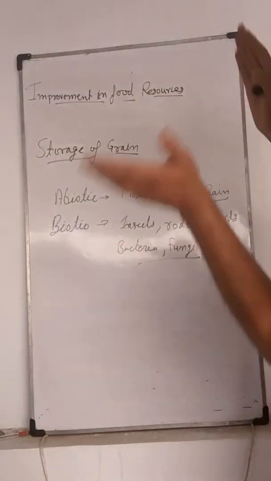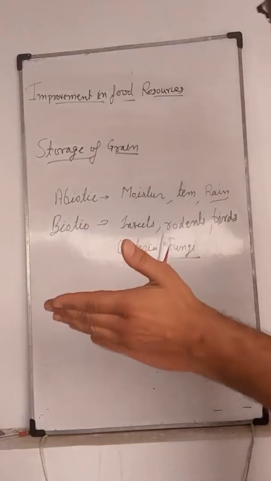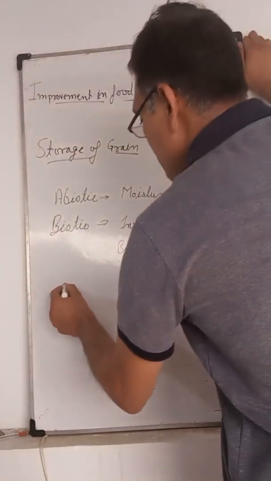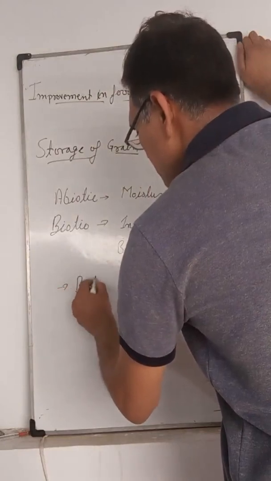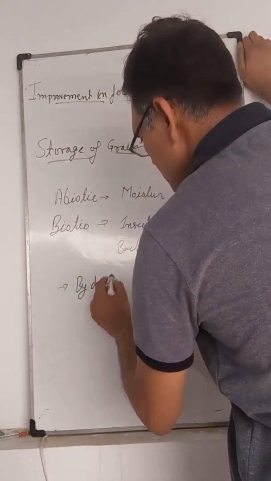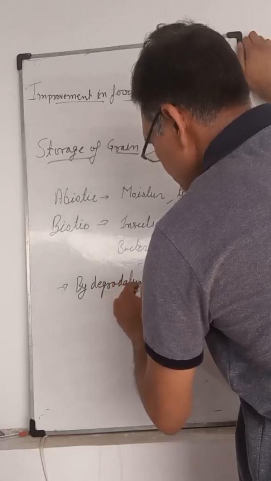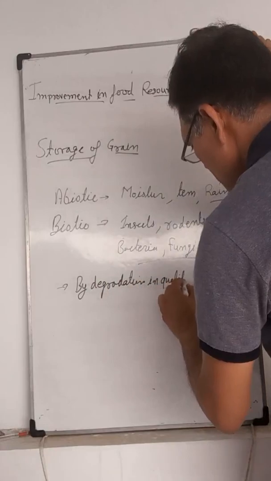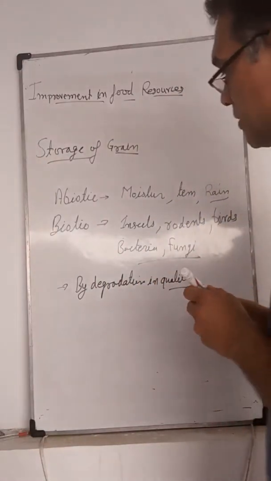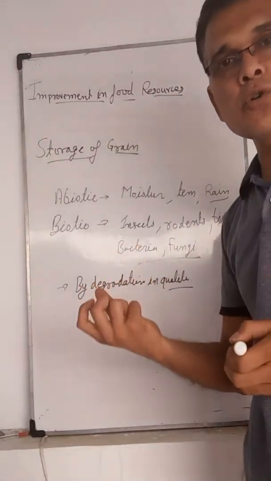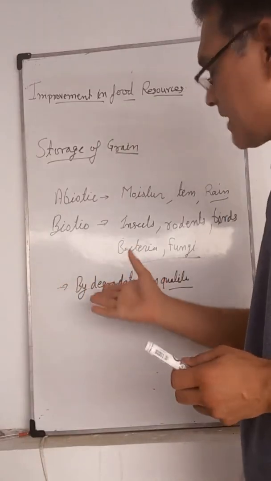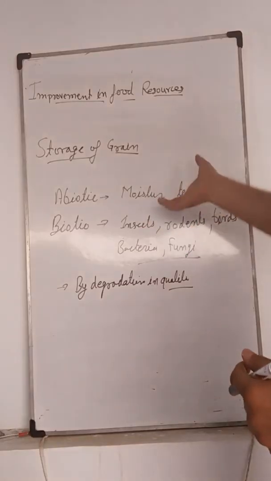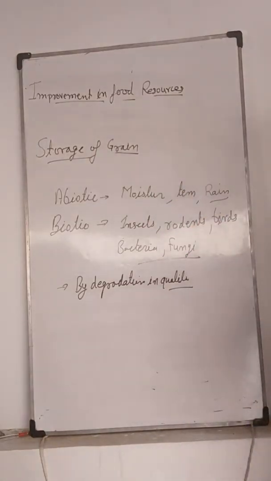And how do these abiotic and biotic factors cause storage loss by degradation in quality? They destroy the seeds, fruits, and other things. In this way their quality is degraded. These insects, pests and moisture degrade their quality.